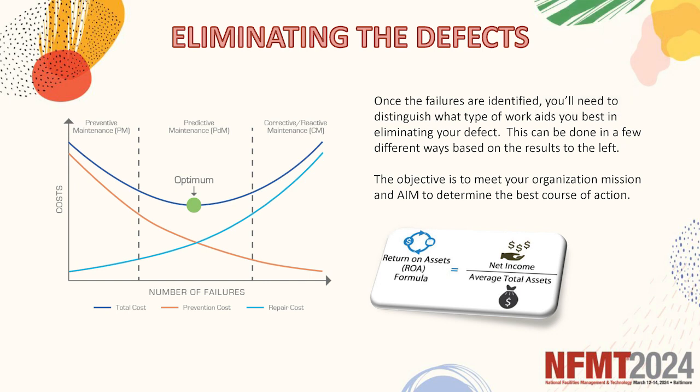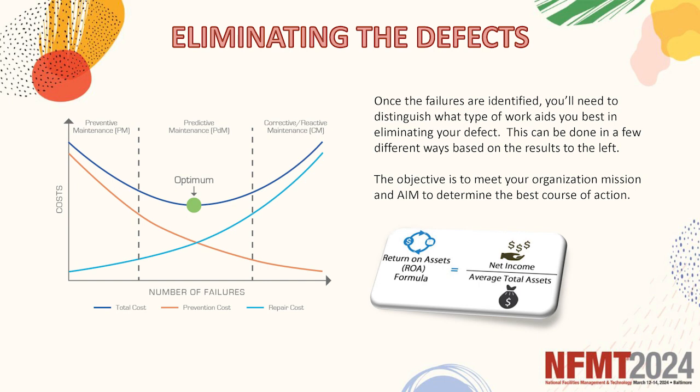So eliminating defects, it's a hard process, but it's also an easy process at the same time. And I know that sounds kind of counterproductive, but if you look at how you're actually maintaining your equipment, on the left-hand side, you can see preventive maintenance.